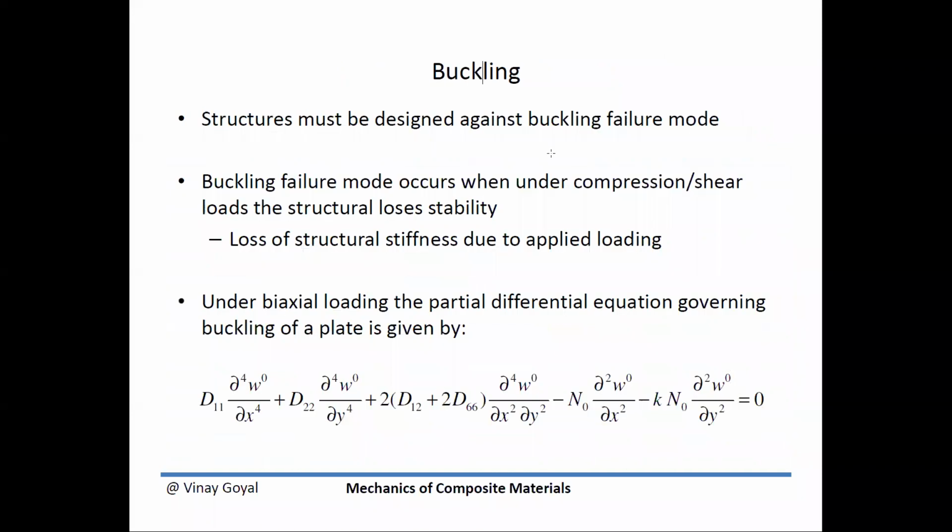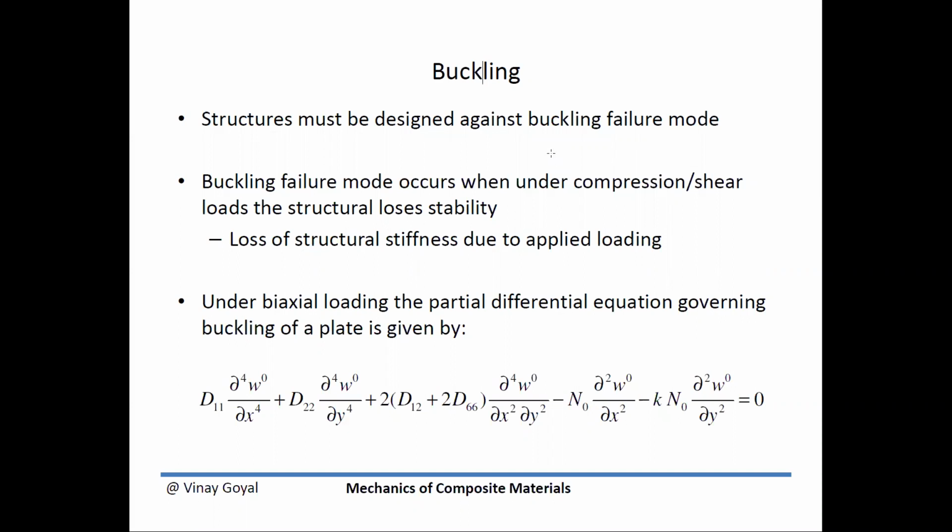Okay, so looking at buckling, structures also have to be designed for the buckling failure mode, and buckling really occurs when you apply compression and shear, and the structure loses stability. And so losing structural stiffness due to the applied loading is considered buckling. You will see through a YouTube video that I go through buckling. Check it out.